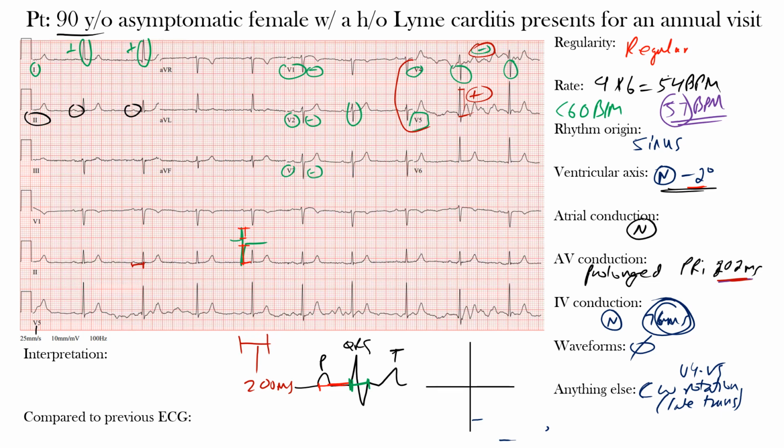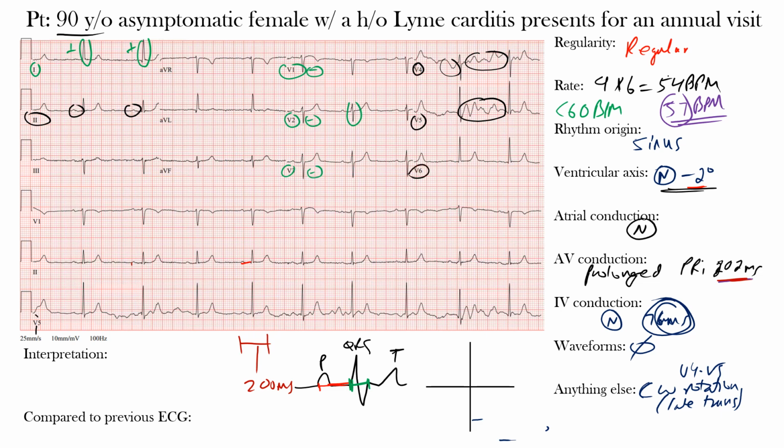Okay, so there's no temporal relationship, and therefore this clues you in that this is in fact artifact and considered poor data quality to us. So what we're talking about, and just so we can erase this here, is that if you look at leads V4 and V5, notice that we have some of these squiggly lines throughout, and then you don't see it in V6 or any other leads.